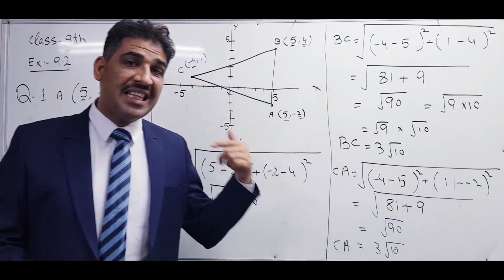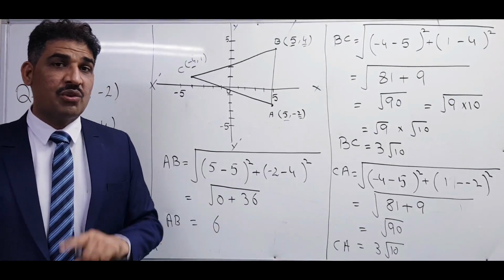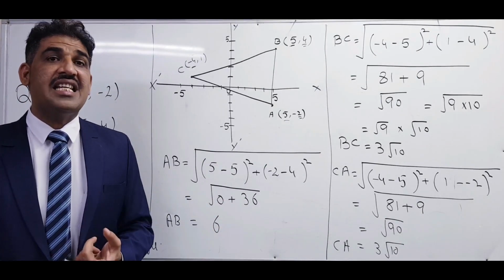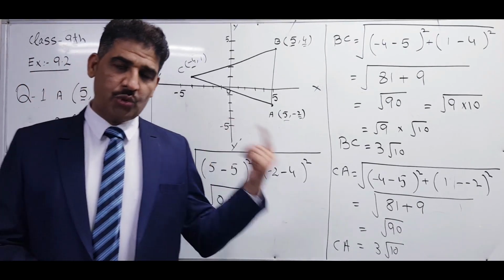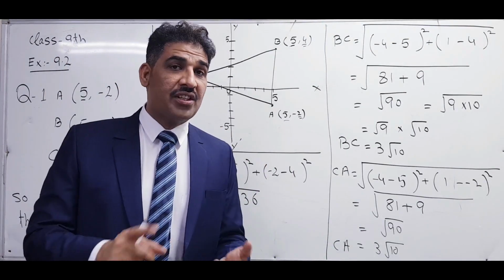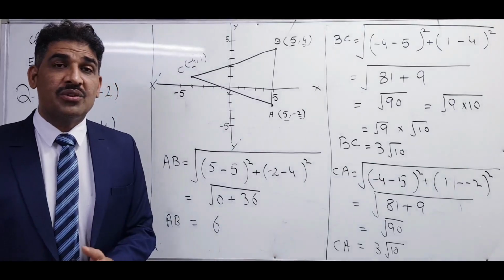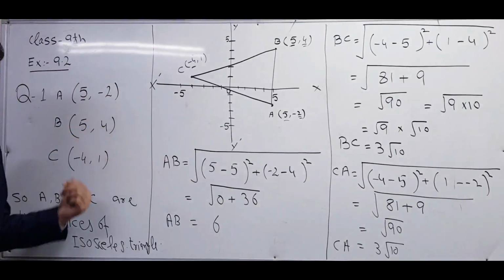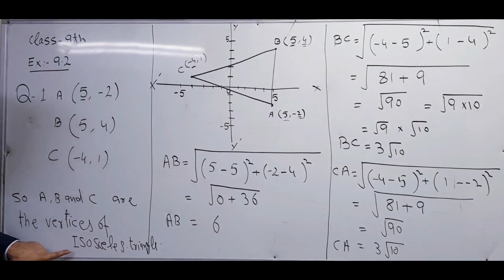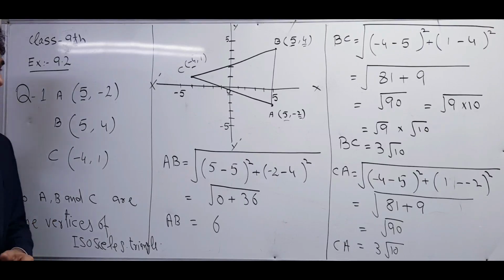If all the lengths are the same, what does it mean? These are the vertices of an equilateral triangle. If two sides or two answers are the same, these are the vertices of which type of triangle? Good, isosceles triangle.